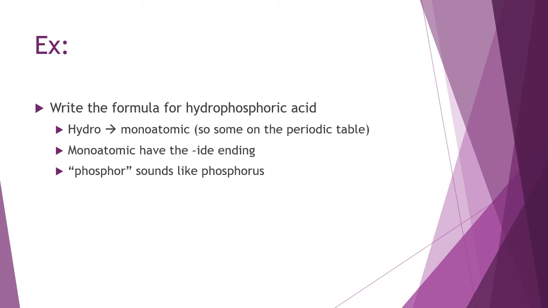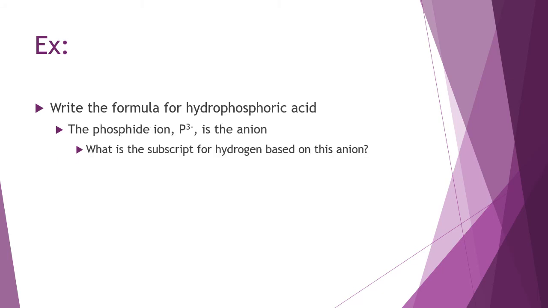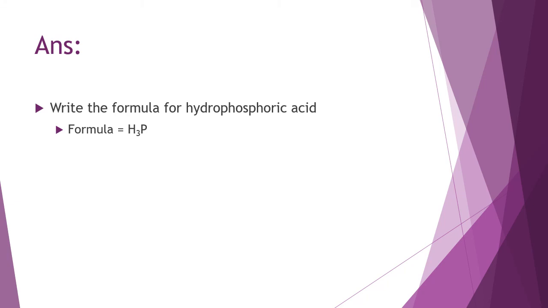So we should look at the periodic table and consider what is the common charge of the phosphide ion. Phosphide is a member of nitrogen's family, and therefore its common charge is -3, which means when we go to write the formula, this will become the new subscript for our hydrogen. The formula for hydrophosphoric acid is H3P.